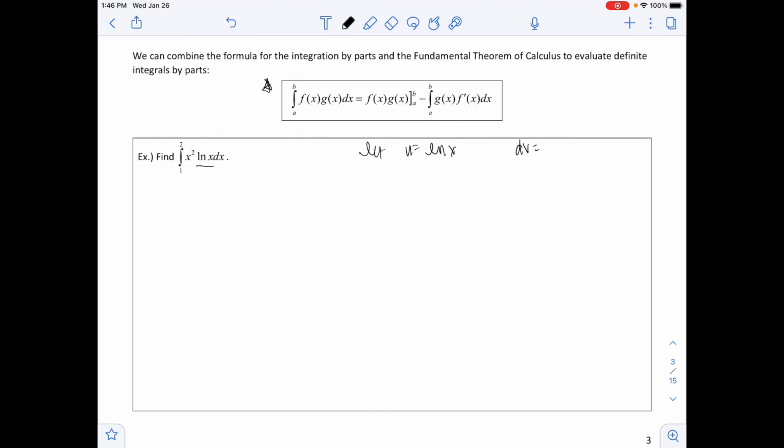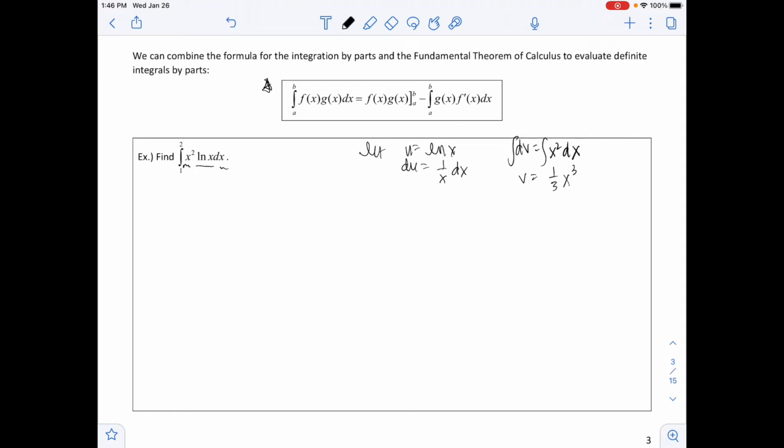And so for this, that would have to be my u, meaning that I am left over with x squared dx. So from here, I'm going to take the derivative of ln of x, which is 1 over x dx, and then integrate, and I get v equals 1/3 x cubed.